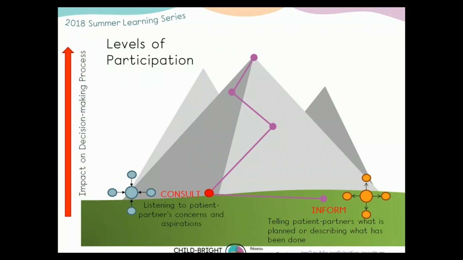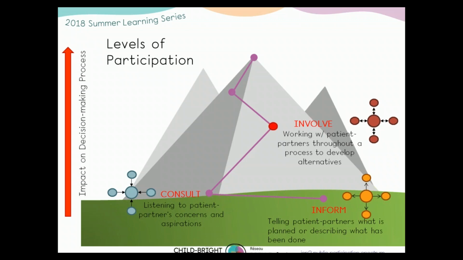A level up that engagement ladder is consultation, where experts are open to receiving opinions and feedback from the public or the stakeholders that are most affected, and depending on what their mandate is, they may or may not take that into consideration when they ultimately develop their proposal or their alternative.